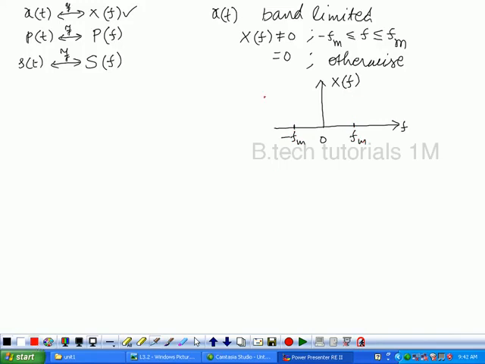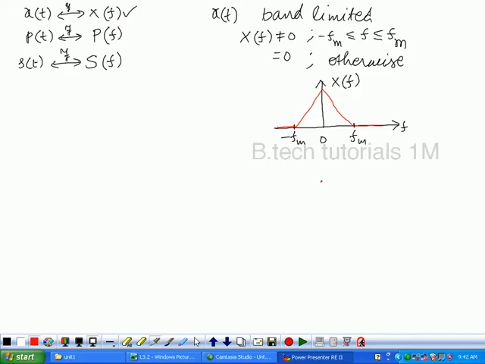So here the frequency spectrum is non-zero over a finite band of frequency. So for simplicity, you select this as the shape of the frequency spectrum. That is, the Fourier transform of x of t is like this. So the frequency spectrum, the magnitude spectrum.